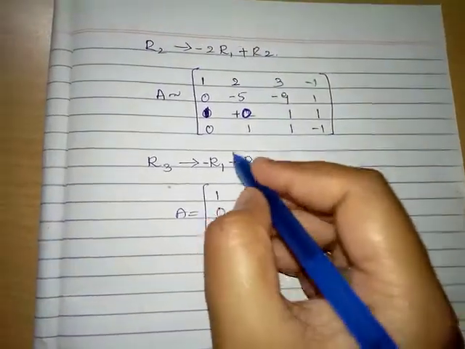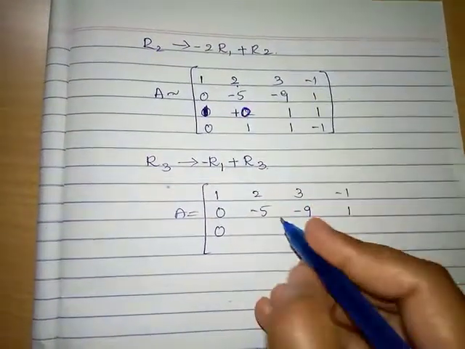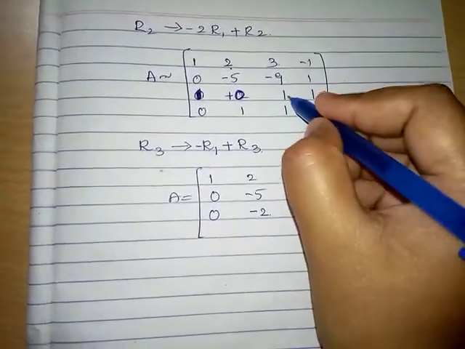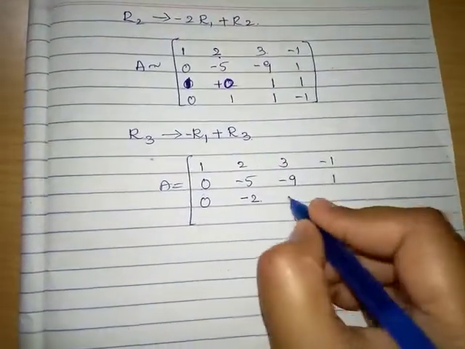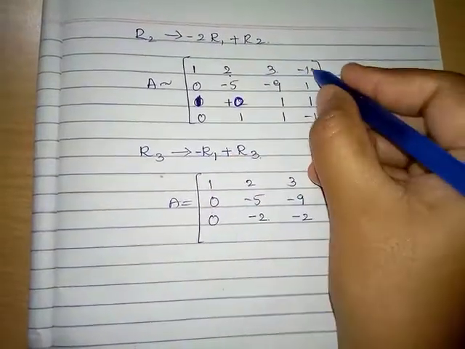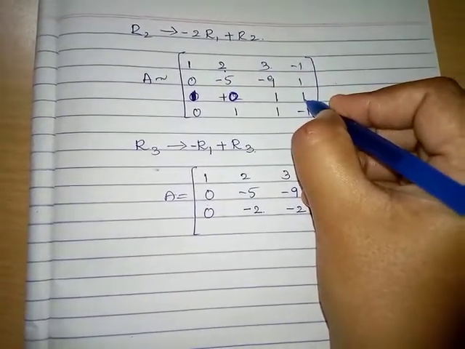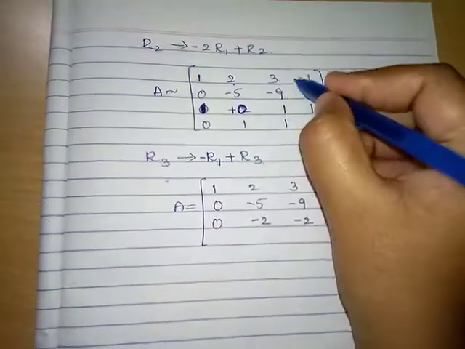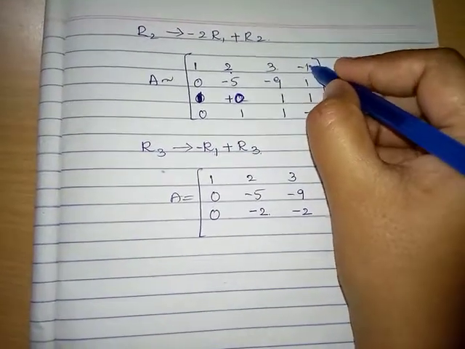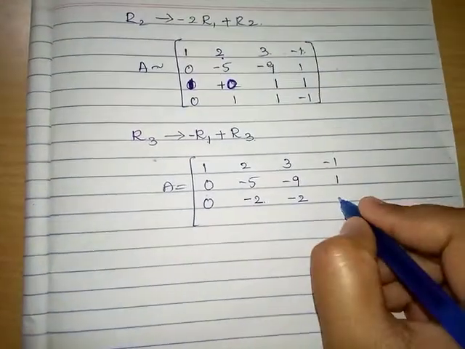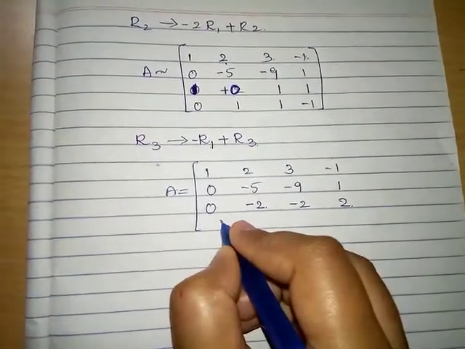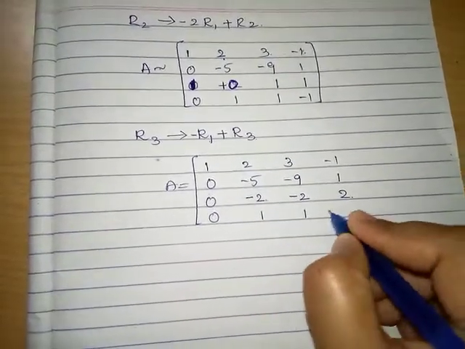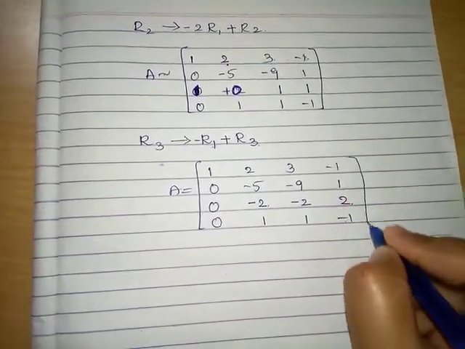This is 0: minus 2 plus 0 is minus 2. Next, minus R1 plus R3: minus 3 plus 1 is minus 2. Minus into minus 1 means plus 1, so 1 plus 1 is 2. Last row as it is, 0 1 1 minus 1.